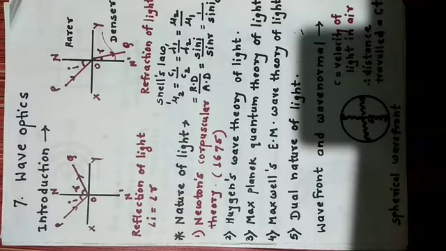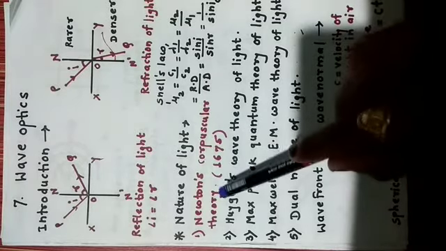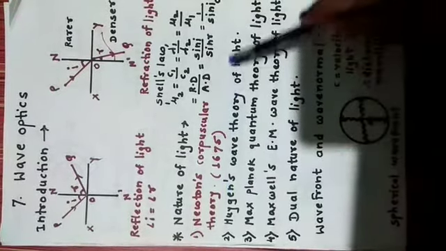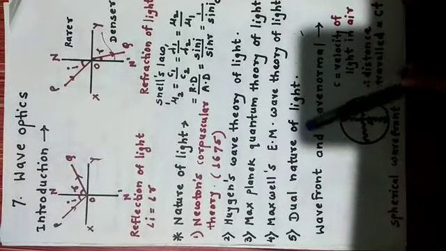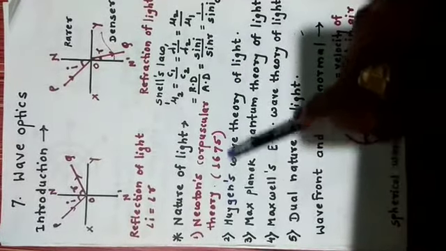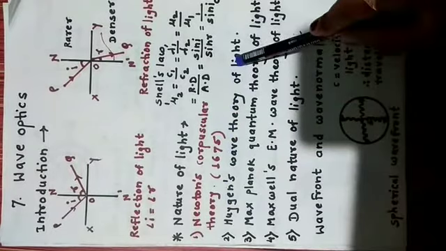So with these drawbacks, this theory was discarded and a new theory came up, called Huygens wave theory of light. In this chapter, we shall briefly discuss this theory.